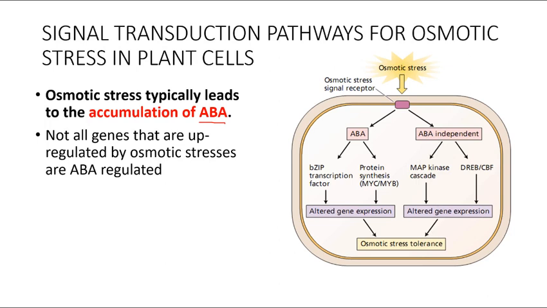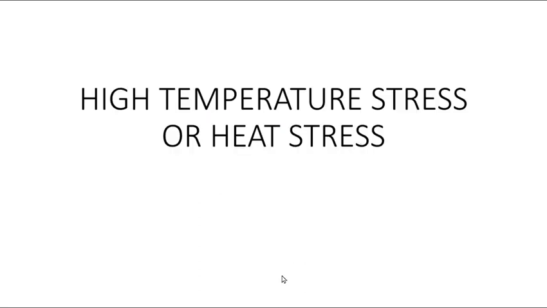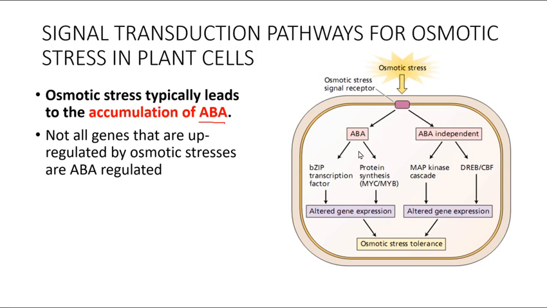So in this signaling pathway, what we see is that the osmotic stress signal is perceived by an osmotic stress signal receptor on the plasma membrane, which activates an ABA dependent pathway and an ABA independent pathway. Now, protein synthesis participates in one of the ABA dependent pathways, which causes the signal transduction.